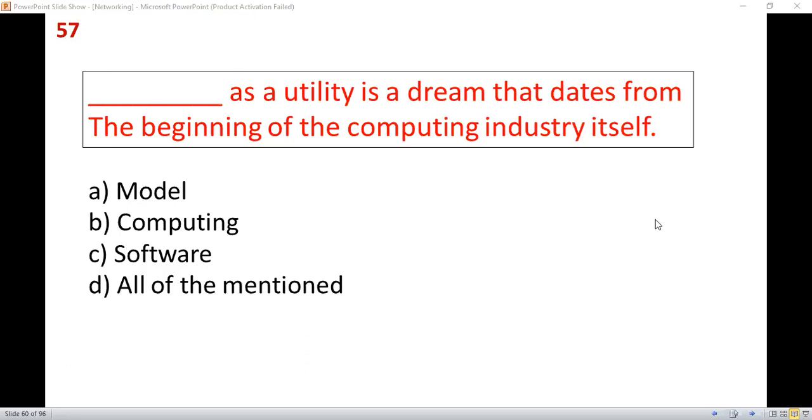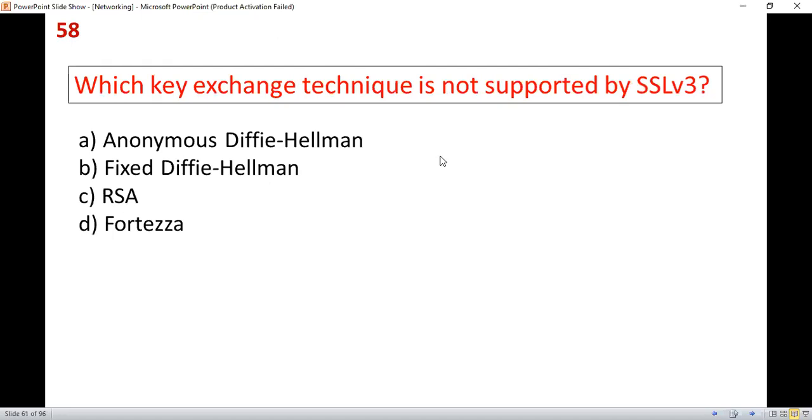Right. The next question is the last question of this PPT. Which key exchange technique is not supported by SSL v3?